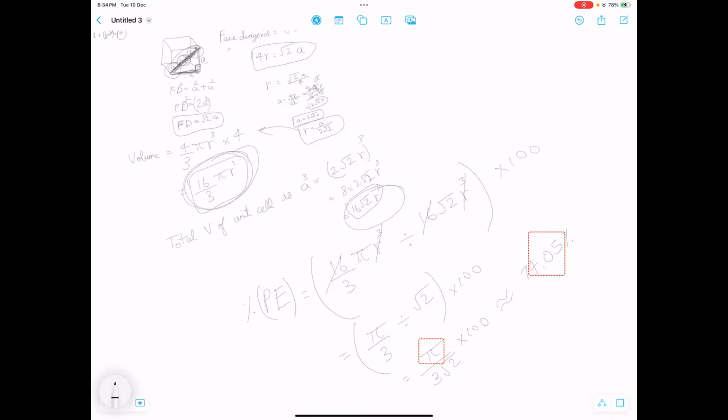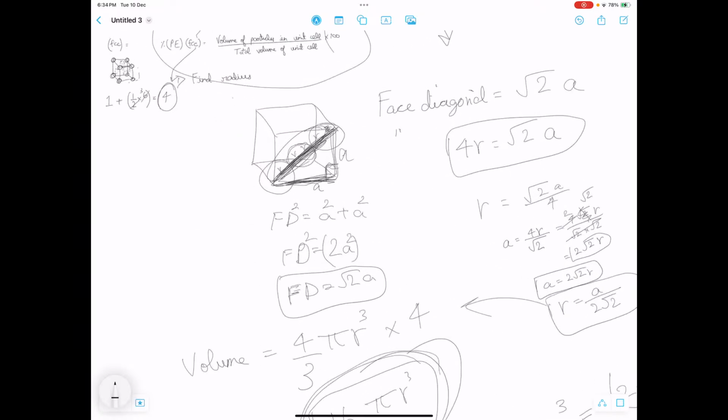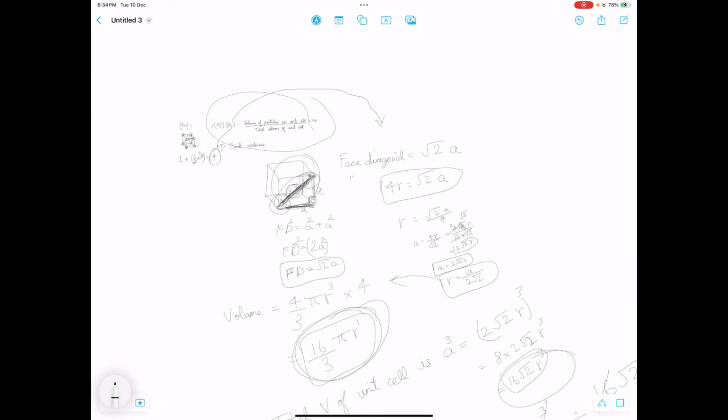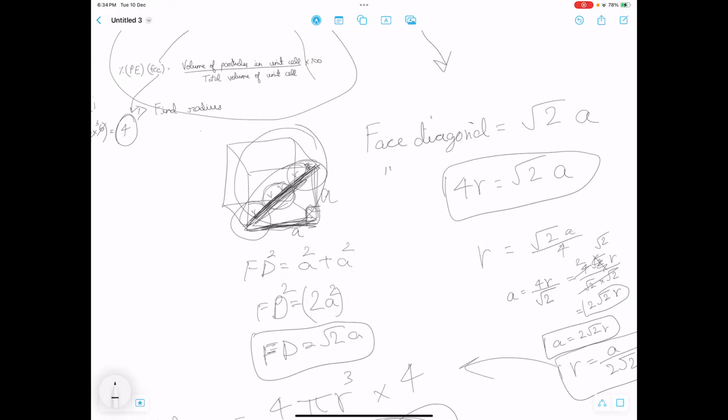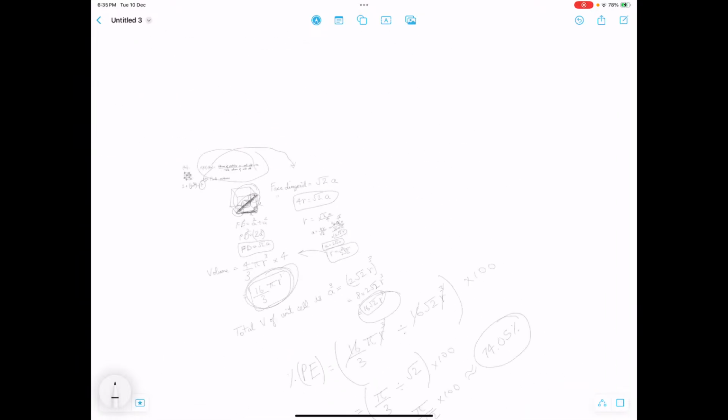This means that 74% of the volume is occupied by atoms and the remaining is empty space. This high packing efficiency is why FCC structures are common in metals like aluminum, gold and copper.